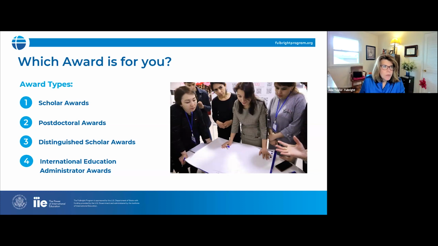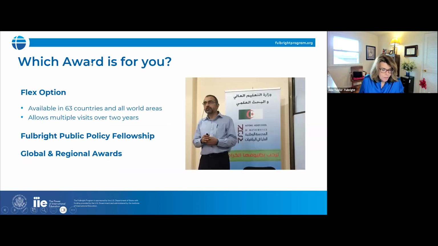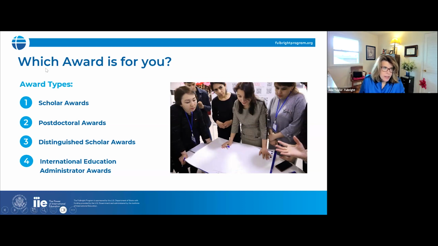So which award is for you? The majority of the awards in the catalog are scholar awards, and they vary along the lines that I mentioned. Then we have about 17 to 20, I forget what the number is right now, postdoctoral awards. Those are specifically designed for providing you training.